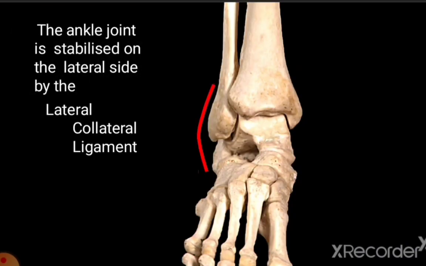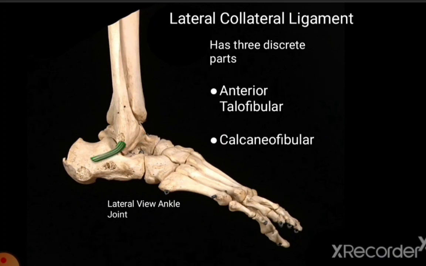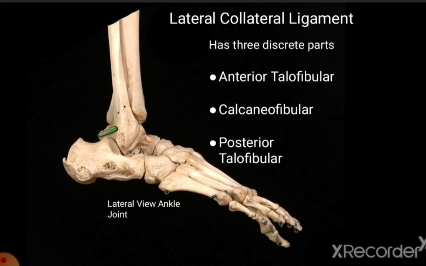The ankle joint on the lateral side has been stabilized by the lateral collateral ligament. This lateral collateral ligament has also three parts: the anterior talofibular from the fibula up to the talus, calcaneofibular from fibula up to the calcaneum, and posterior talofibular, that is from fibula up to the talus on the posterior aspect.